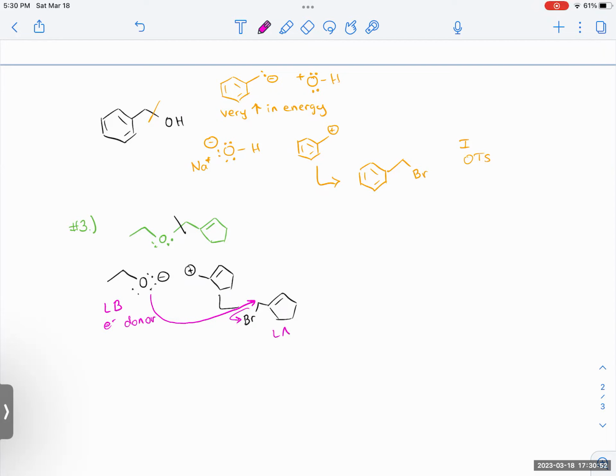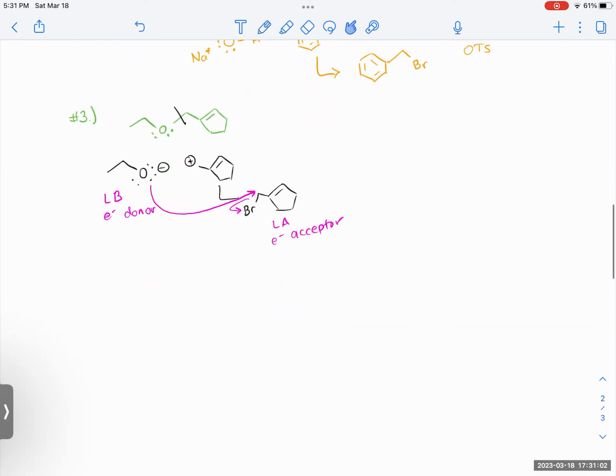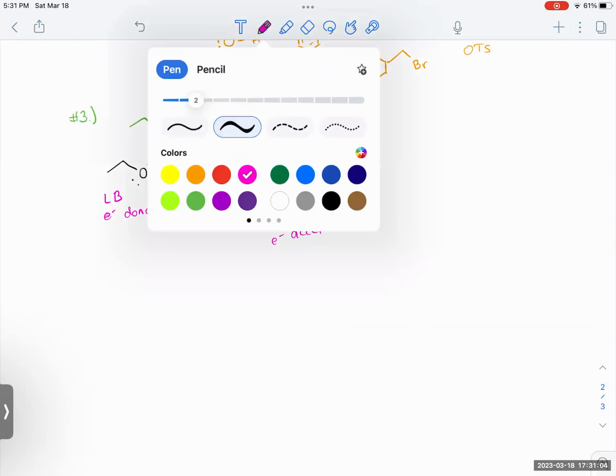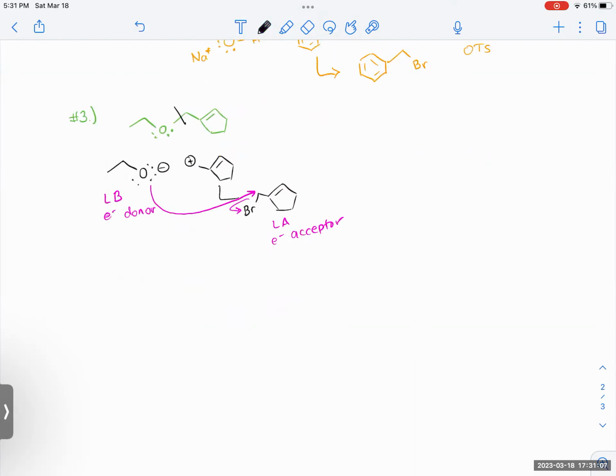And then this is our Lewis acid, our electron acceptor. Is that making sense for everybody so far? Any questions?